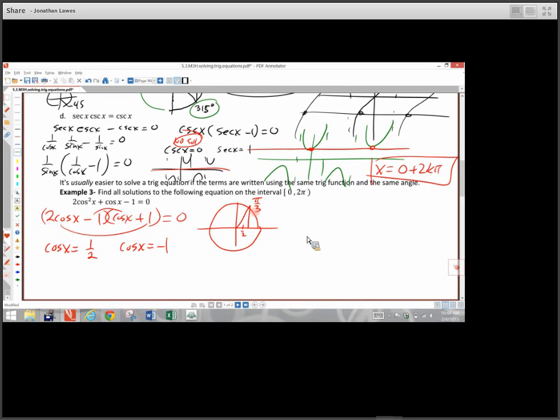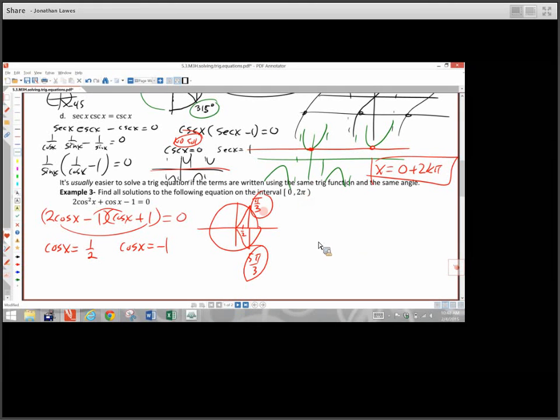Where else does it happen? Calculator will give you these answers up here. We want the x coordinate to be positive still. We don't care about the y coordinate. It can be positive or negative. So this is going to be a reference angle of pi thirds, or what is this angle? 5 pi thirds. Okay. Now, do I need to write answer sets? Do I need to write pi thirds plus 2k pi? No, because it wants those answers right there. So there are two of them.